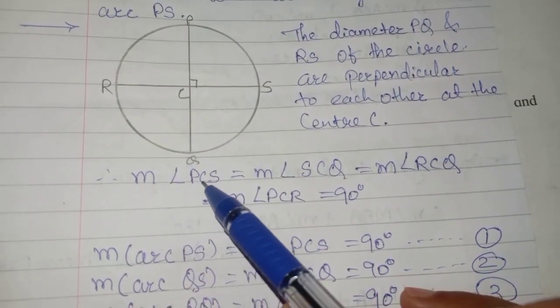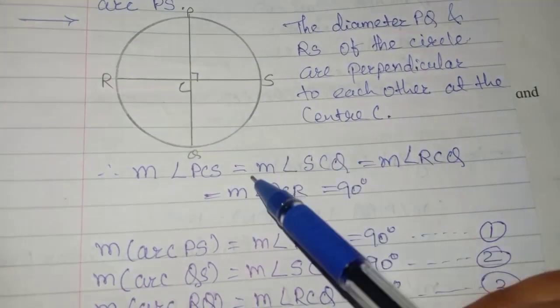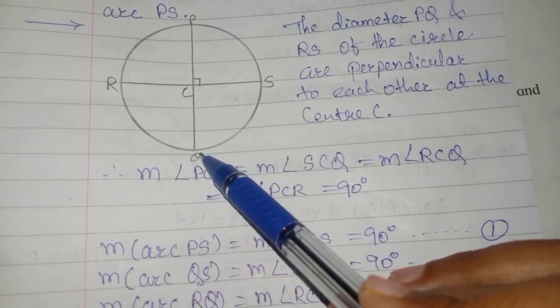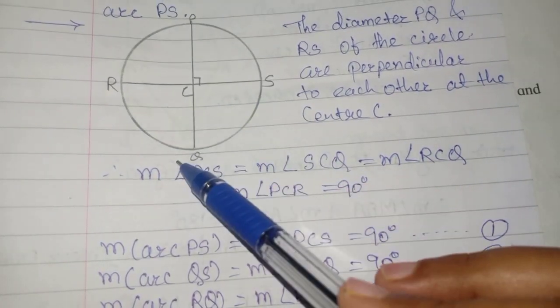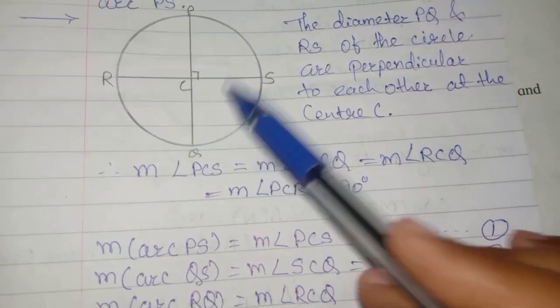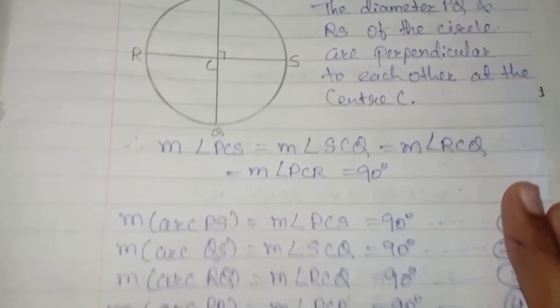Now measure angle PCS is equal to measure angle SCQ is equal to measure angle RCQ is equal to measure angle PCR. All angles are of 90 degrees, right? Because they are perpendicular at the center.